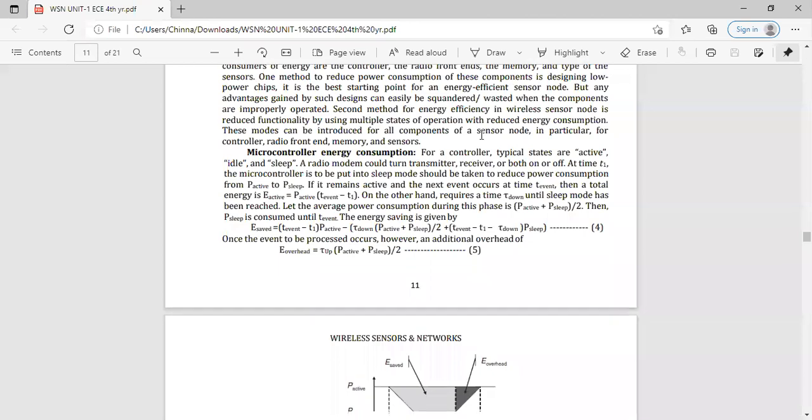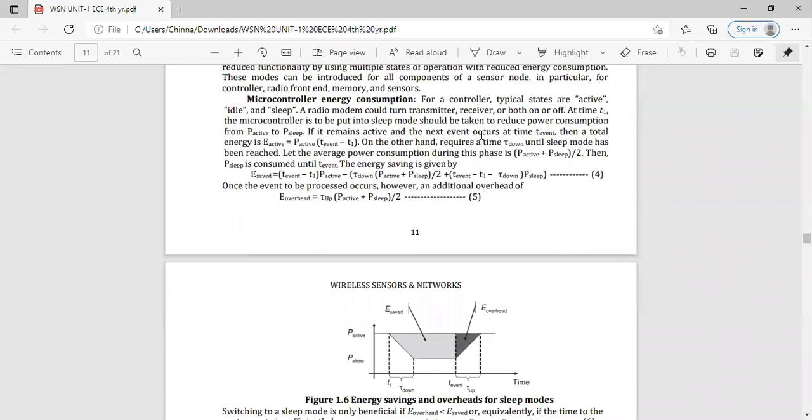At T1, you can see in the diagram, the microcontroller is put into sleep mode, reducing the power from P active to P sleep. So at T1 it reduces the power consumption; this is the sleep mode.